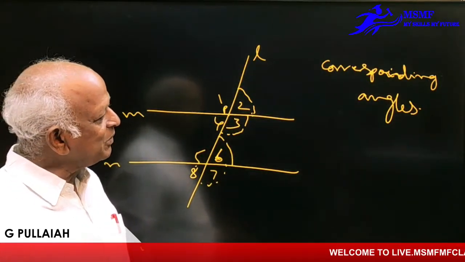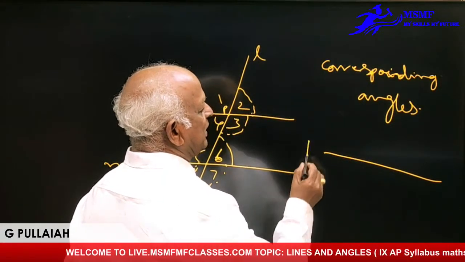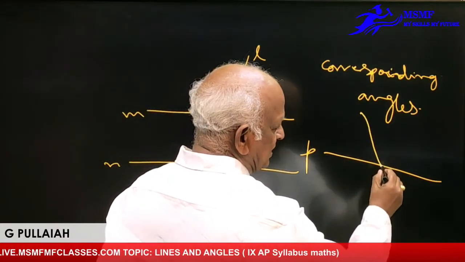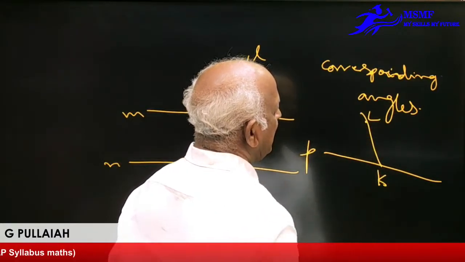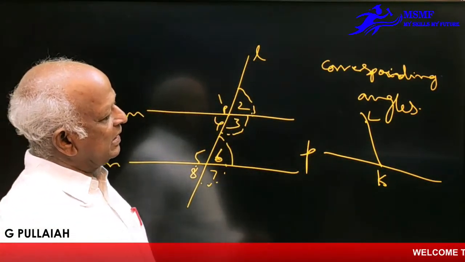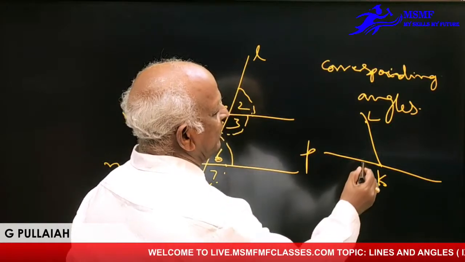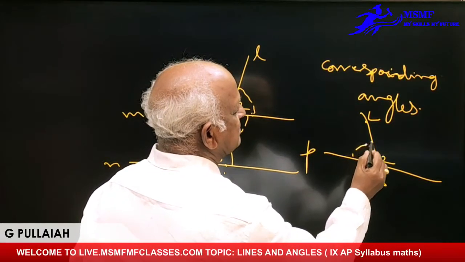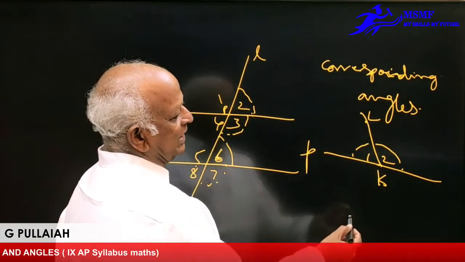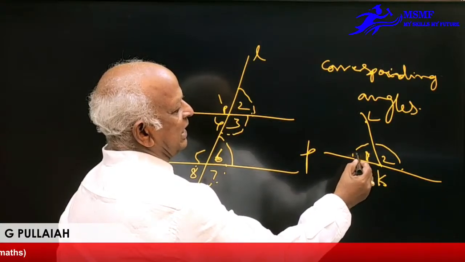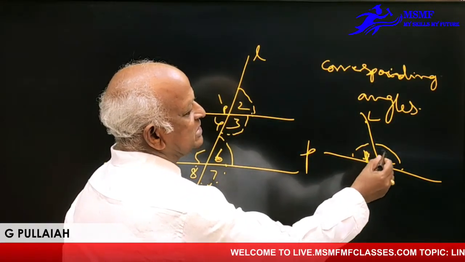Okay? Another important point here, let us say for example, let us take a line P. KL is making two angles on line P, 1 and 2 angles. And these 1 and 2 angles are said to be the straight angle because these two angles put together are forming a straight line.